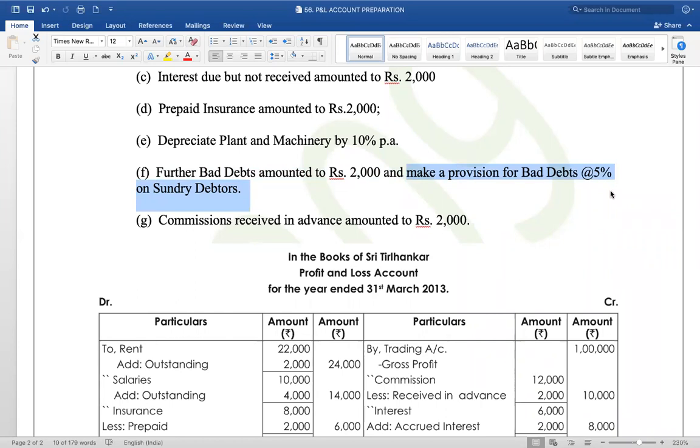At times you will be given an additional provision to be made. If it is provision for bad debt, profit and loss account is debited. But here it is reduced from 10%, the provision for bad debts became 5% on debtors.